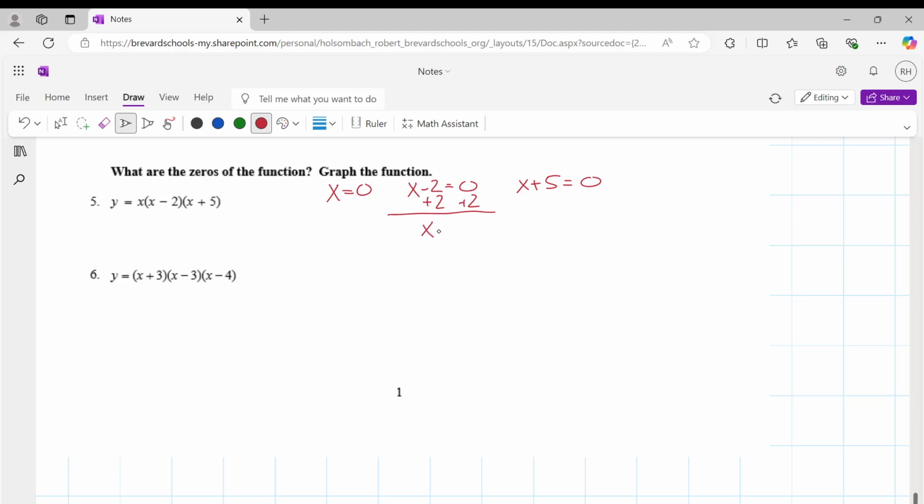So one of our zeros is positive 2. Another 0 is negative 5. So our zeros of the function are 0, 2, and negative 5.